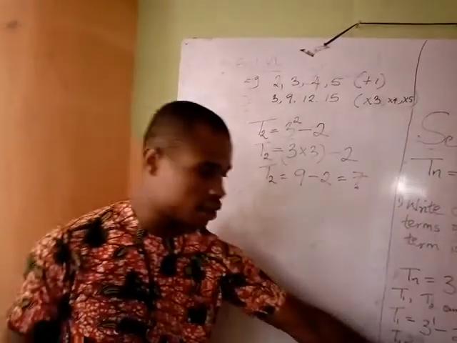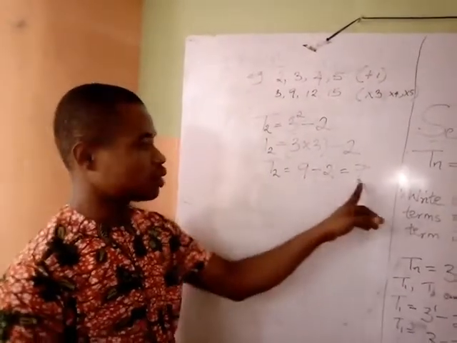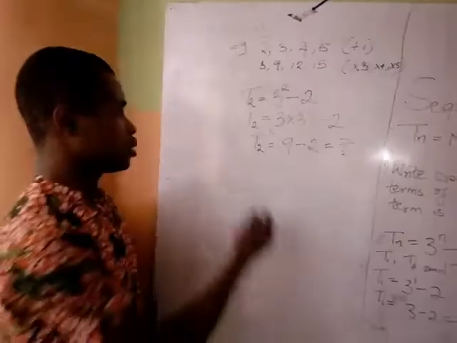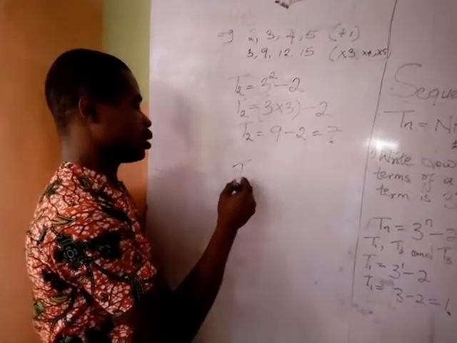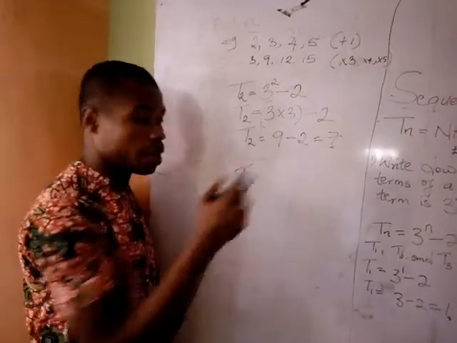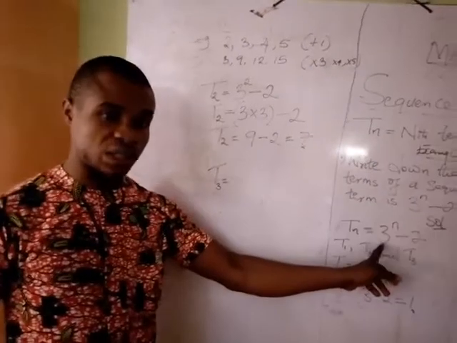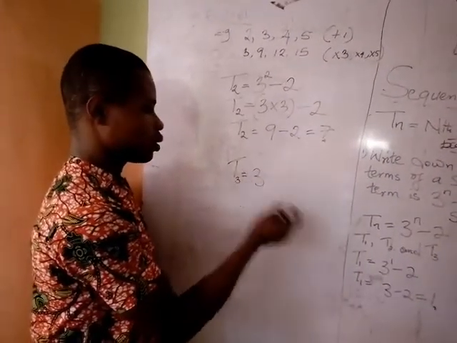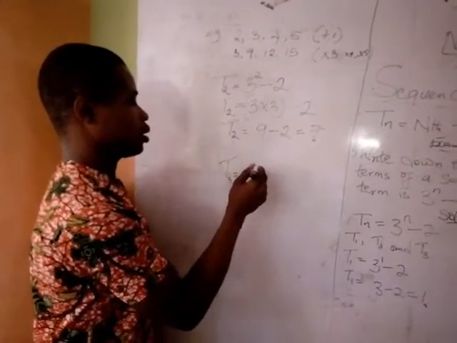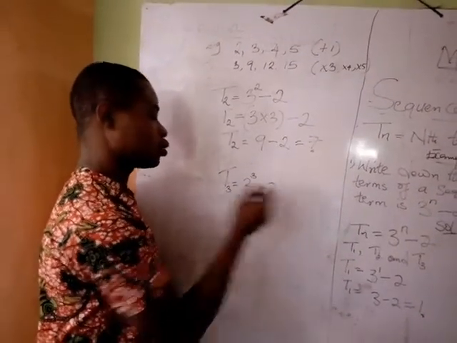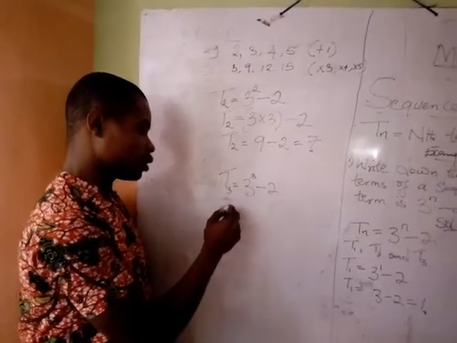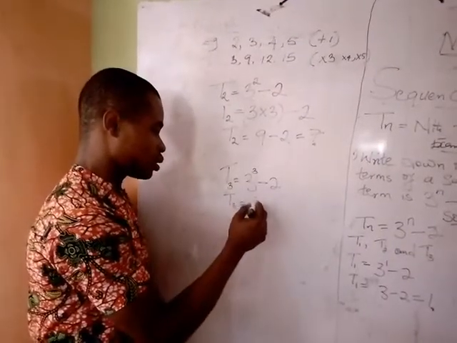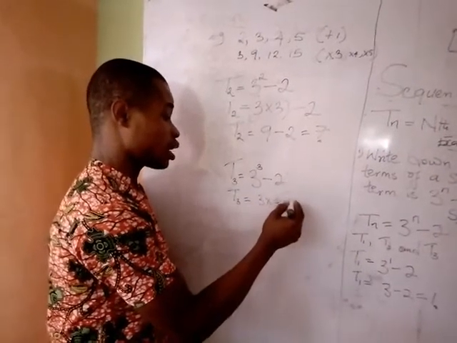We have the first term of the sequence, 1. The second term is 7. Then we can equally solve for the third term of the sequence, which is T3. Remember, you're still making use of the same nth term, which is the rule of your sequence. T3 now will be equal to 3 raised to power 3 minus 2. And that will be T3 equal to 3 raised to power 3 means 3 times 3 times 3.